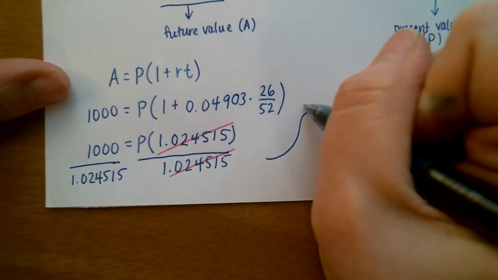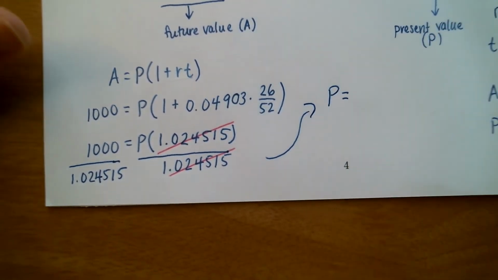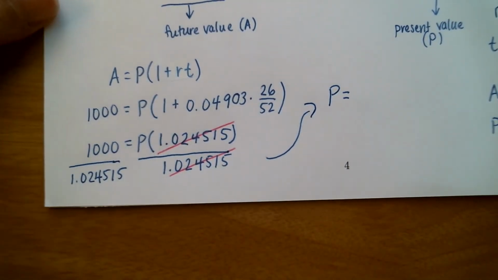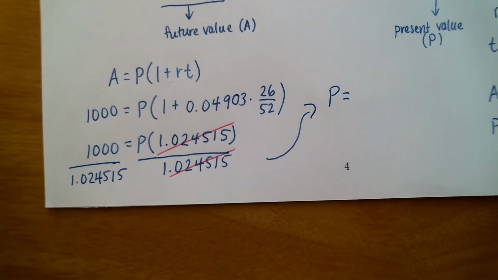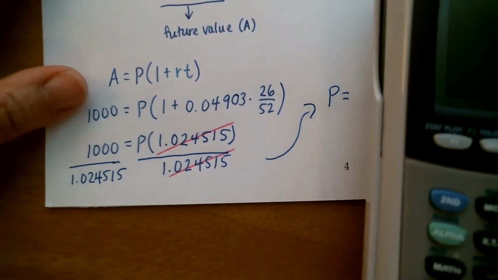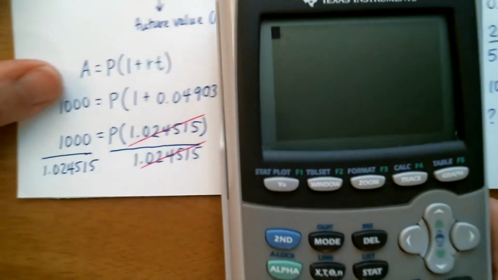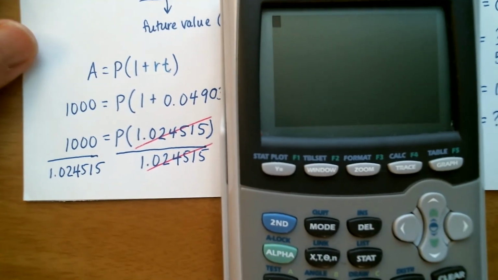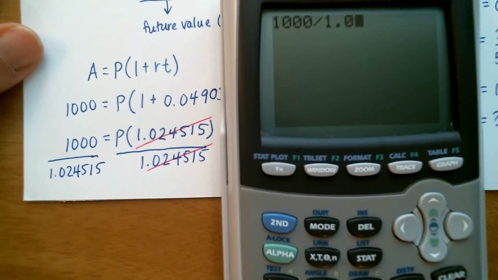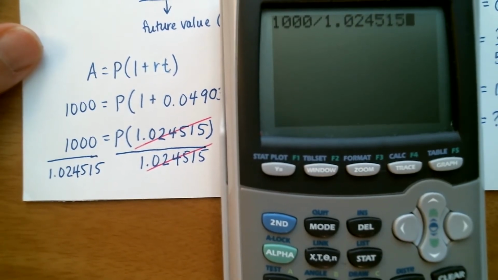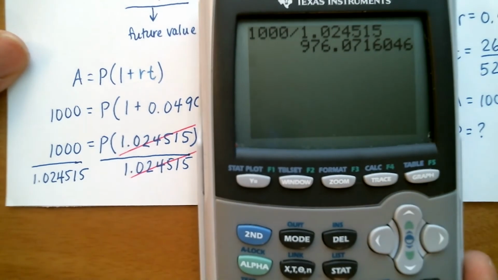So then P will be, let's put it in the calculator, 1,000 divided by 1.024515. There's your answer, a very, very long decimal.